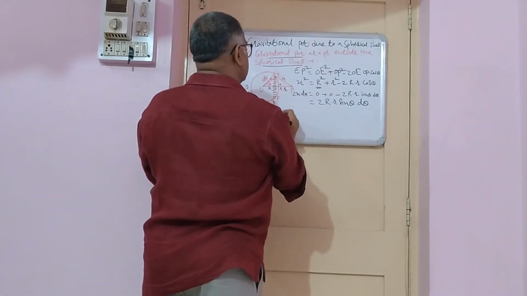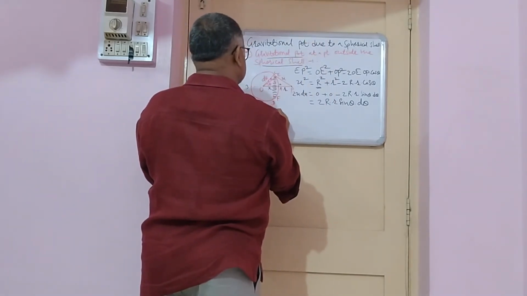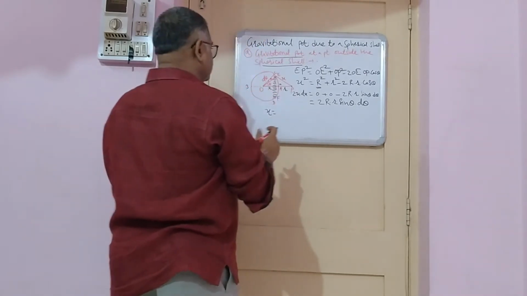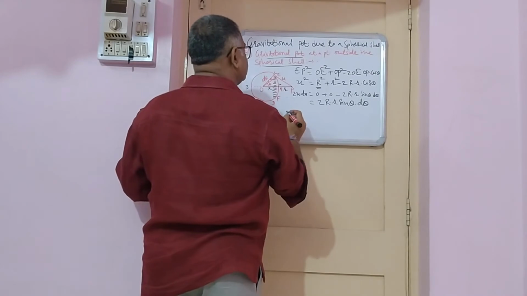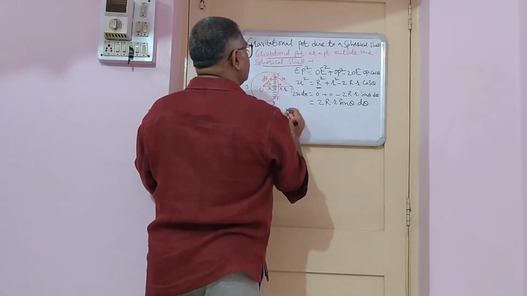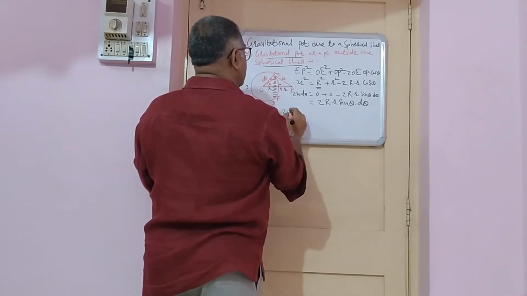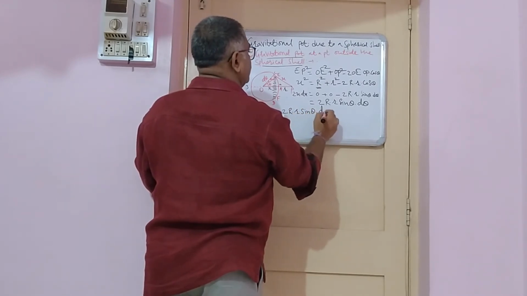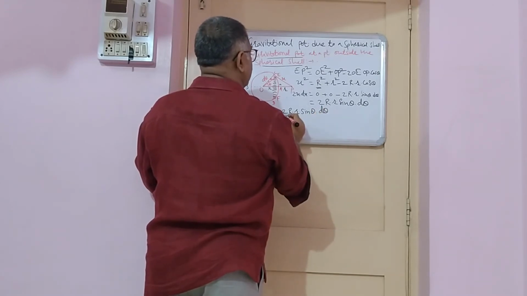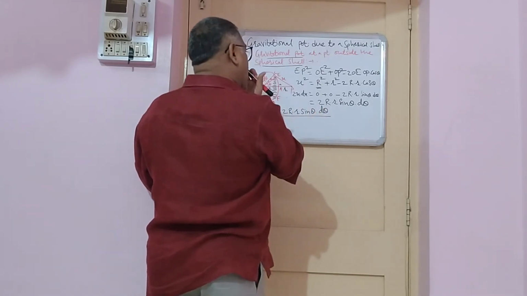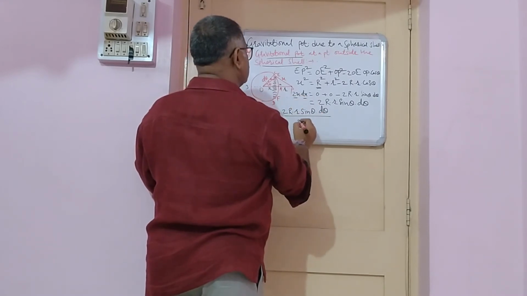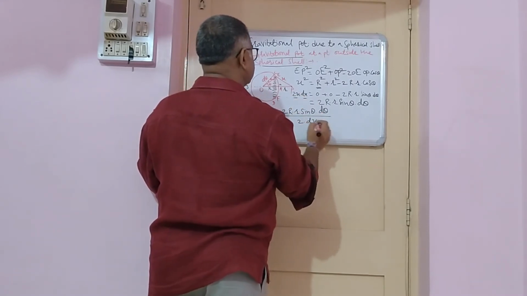See now, x equals to what? 2R into r sine of theta into d theta divided by 2 into dx.